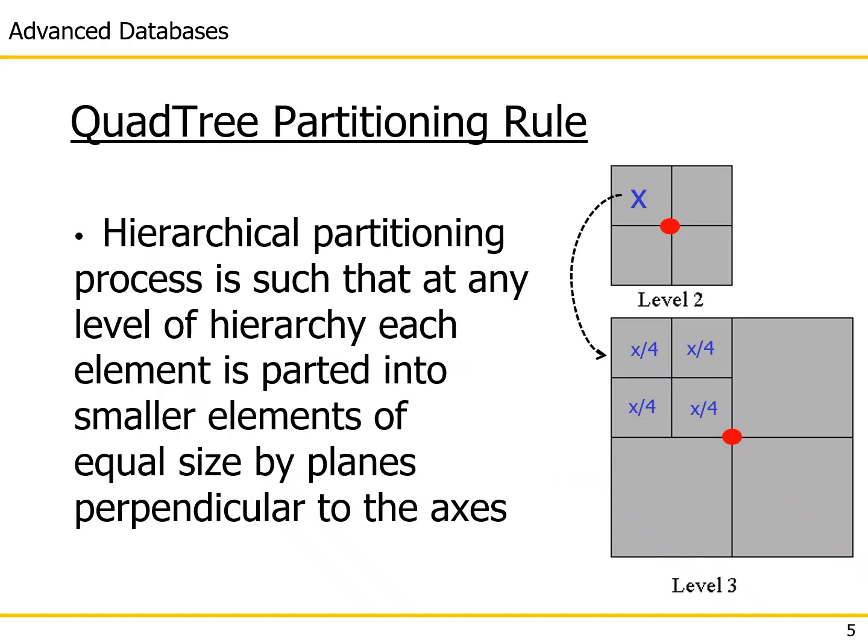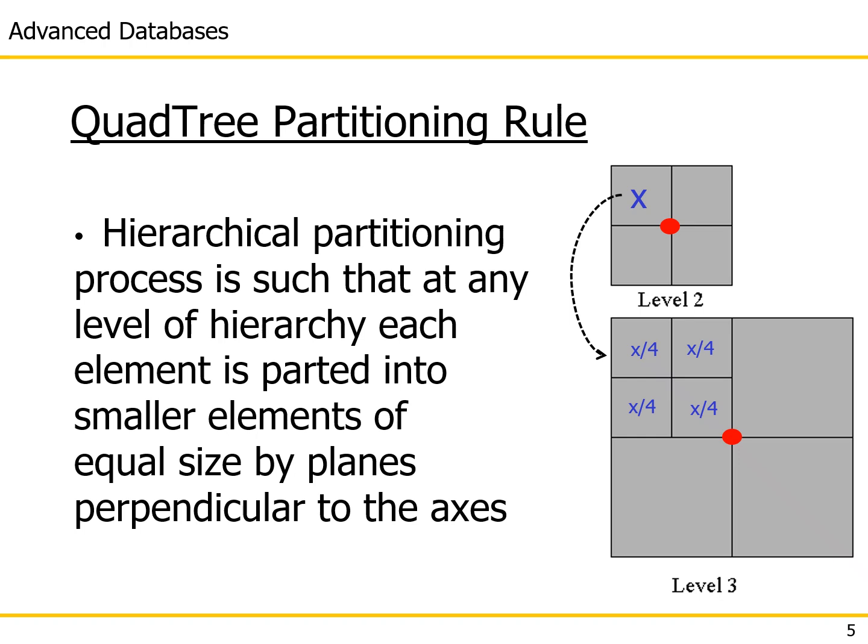So let's talk about partitioning in the quad tree. What we have are squares of fixed size. But as we go down one level in the tree, for example, from level 2 to level 3, as this illustration shows, we are splitting each one of those squares in level 2 into 4 squares in level 3.